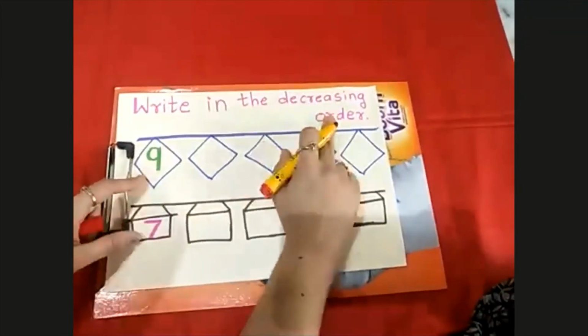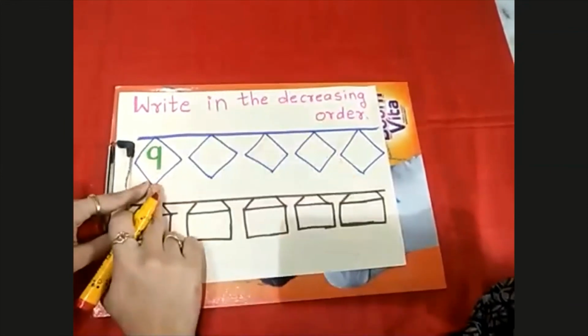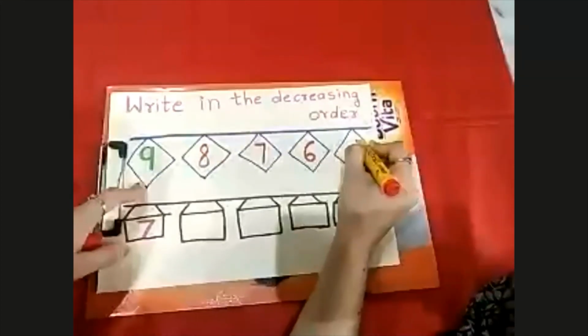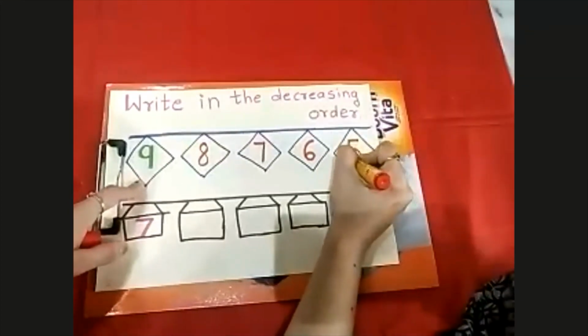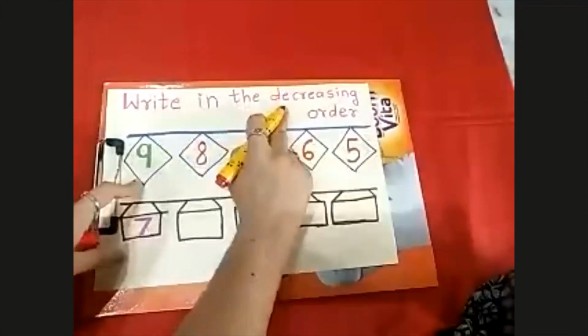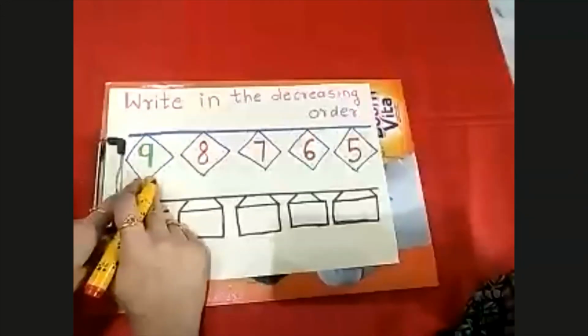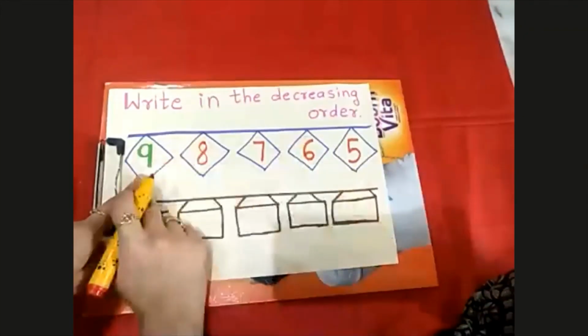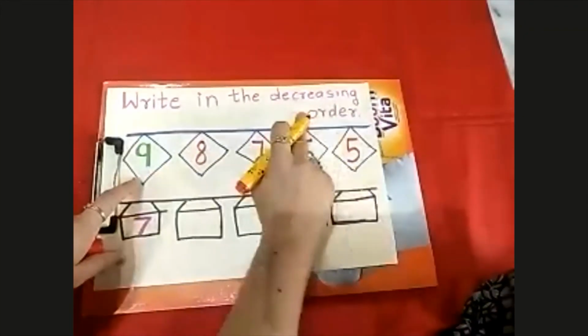In the decreasing order, we start from the bigger number to the smaller number. 9, 8, 7, 6, 5. Very good. So, what exactly do we do in decreasing order? We start from the bigger number to the smaller number.